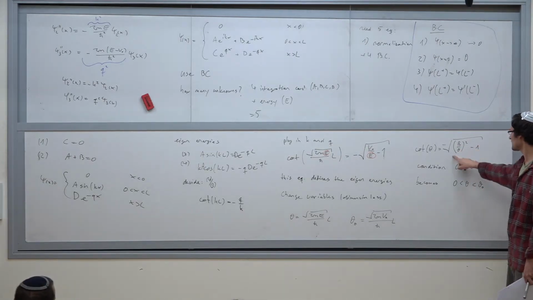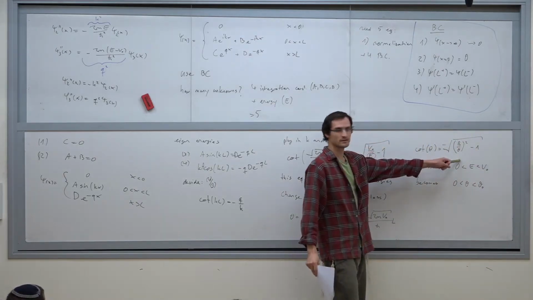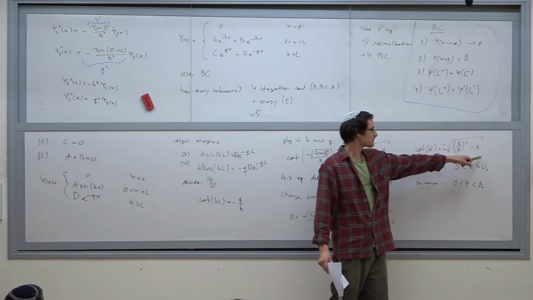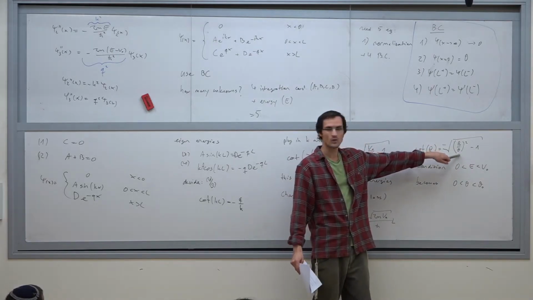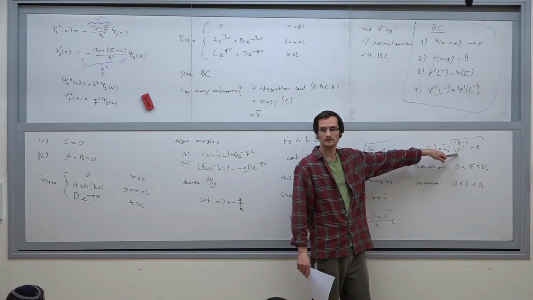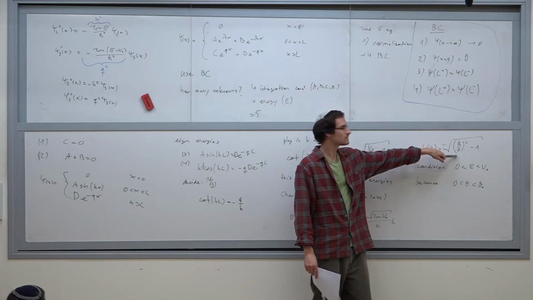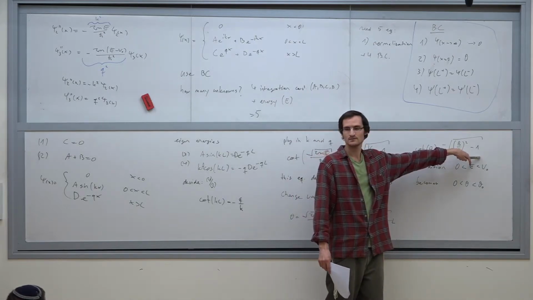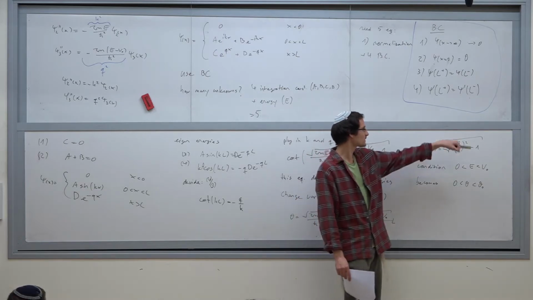If you look at the square root, if you plug in theta larger than theta 0, then this becomes imaginary. Because if theta is larger than theta 0, then theta 0 over theta is smaller than 1. Something smaller than 1 squared is even smaller, minus 1. That's a negative number, take the square root, it's imaginary.